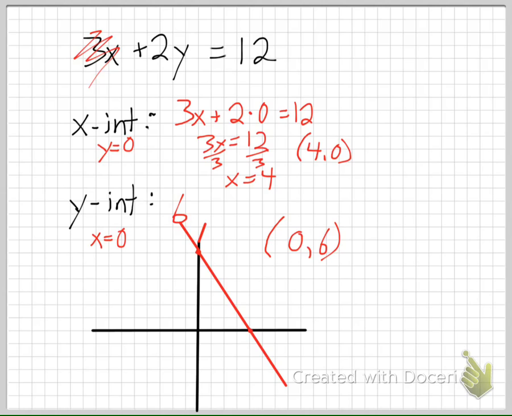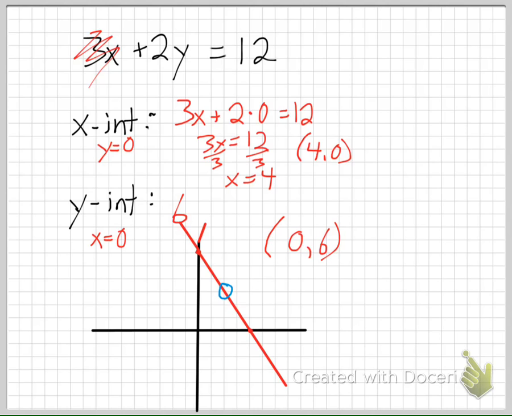So this line would show me every possible solution to the equation 3x plus 2y equals 12. Anything that's on this line, anywhere where it crosses a point exactly, like right here. Now you have to be careful, it has to cross exactly, but do you see that point right there?